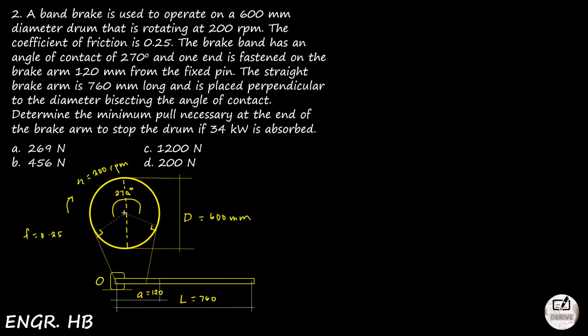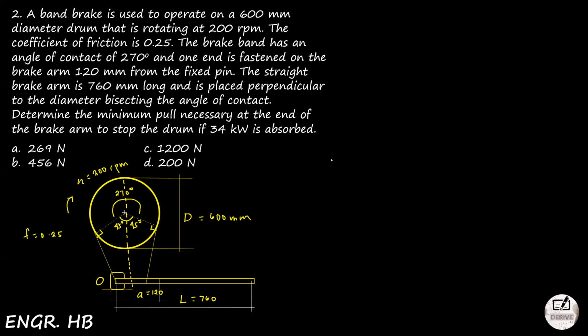So meaning if this is 270 degrees, guys, the remaining angle here is 360 minus 270, so that will become 90 degrees. And the reason it says there is a bisector here is that this should become 45 degrees and this should become 45 degrees. So let us write that in here as well.